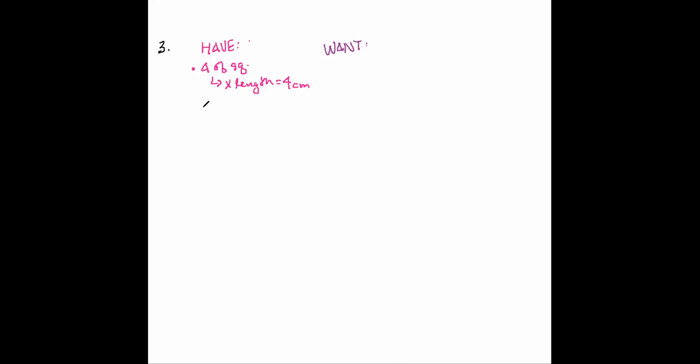What else do we have? We have the rate of change of the side. What do I want? What we want is the rate of change of the area of the square.